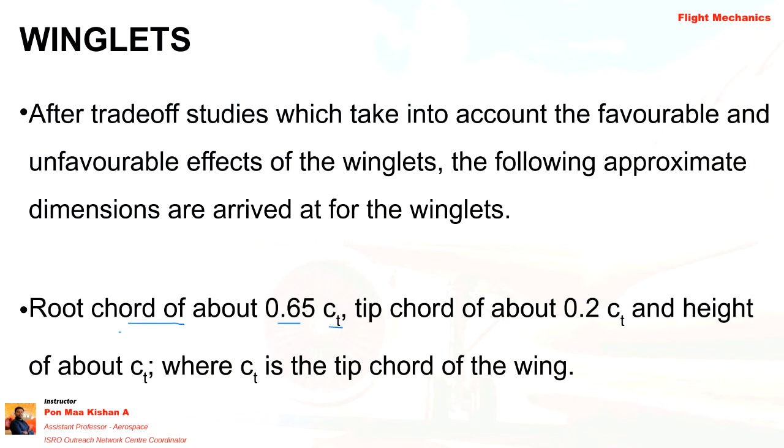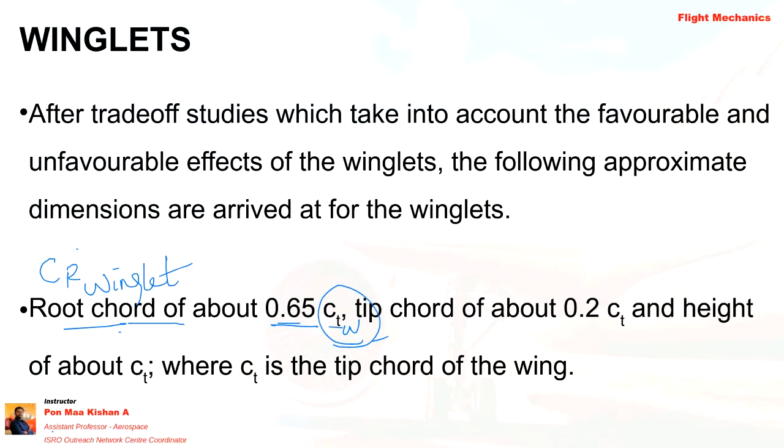So don't get confused. This is indicating that if you want to get good performance, write it like this. Here they have mentioned with respect to the wing alone, so you have to calculate that. The root chord of the winglet has to be 0.65 times the tip chord of the wing.